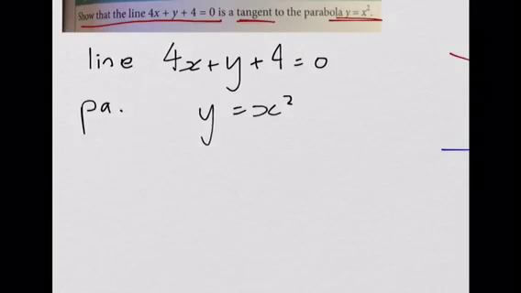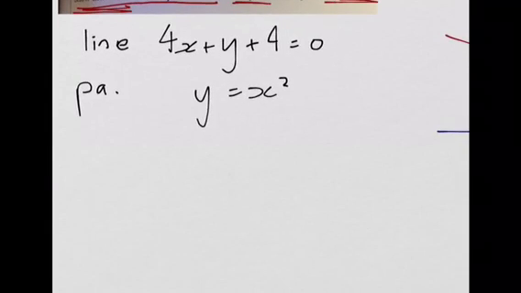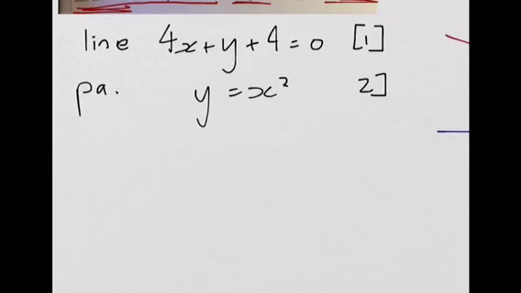In this case, we're only asked to show that the line is tangent to the parabola. We're not asked to find the actual point. However, we could do that, but we'll just show that it is tangent. Here we have equation 1 and equation 2.